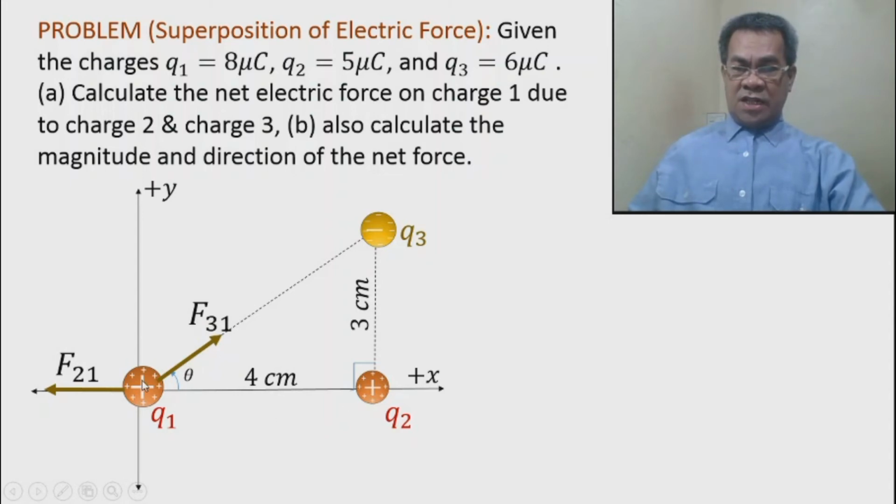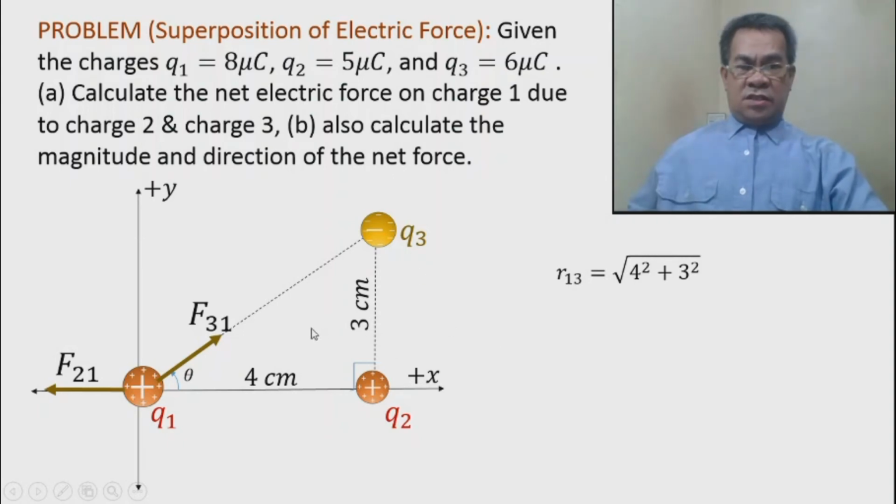Analyze this with charge 1 and charge 2 only so that you can calculate this one. Then after that, calculate the force from charge 3 on charge 1. Remember, we need r. The r between 2 and 1 is 4, and the r between charge 1 and 3 is this side. So you have to calculate that one.